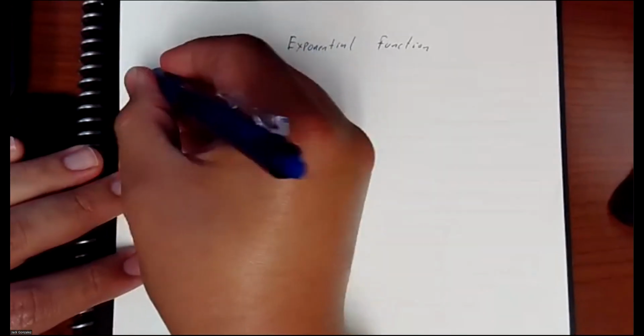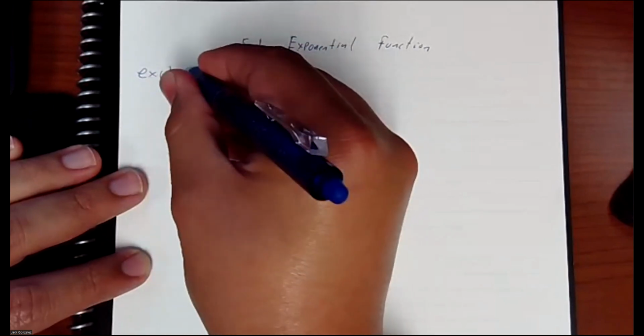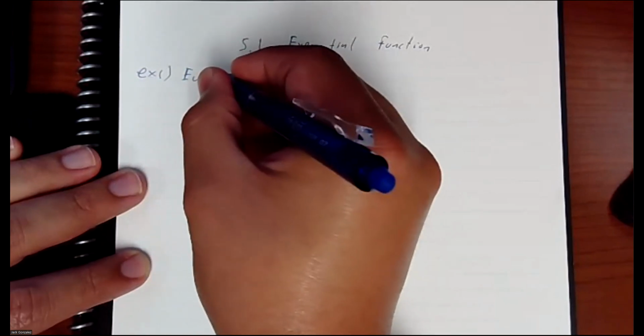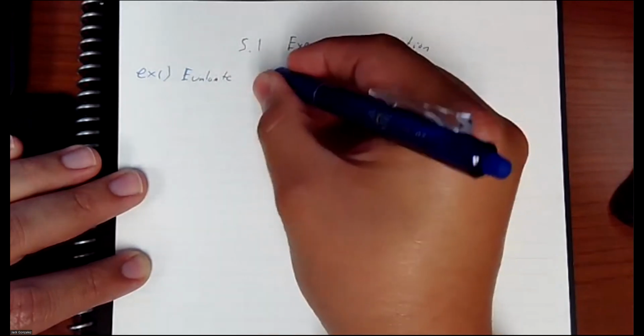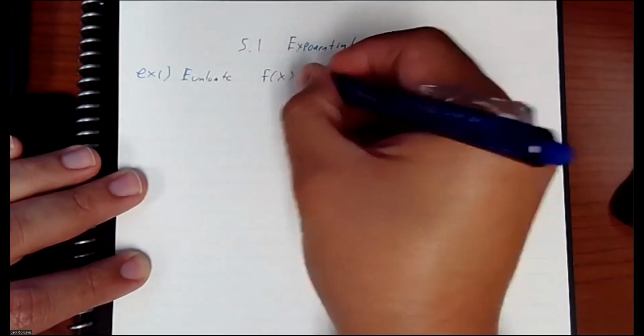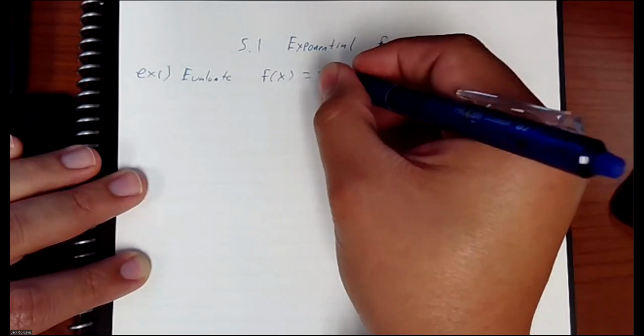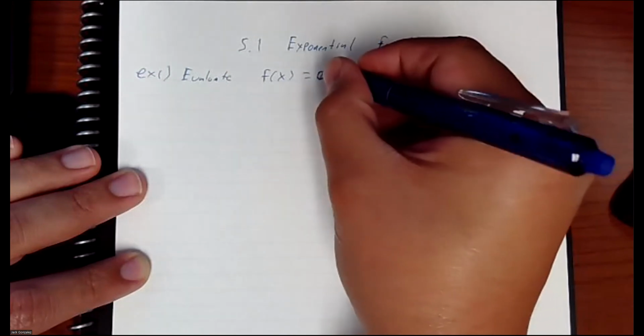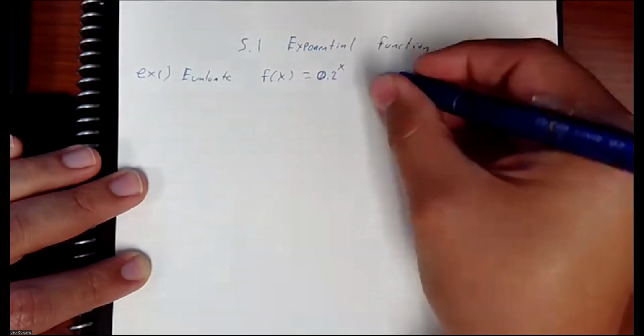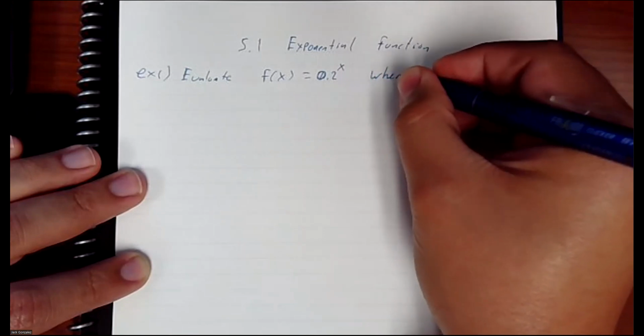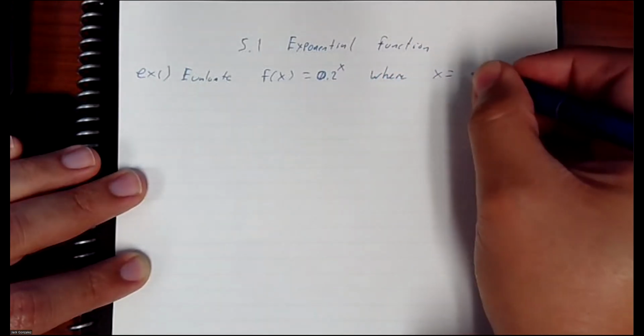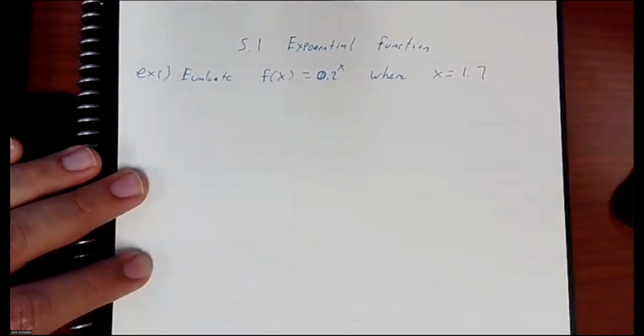So example 1 is evaluate the function. Shorten up the question, f of x equal to 2 to the 0.2 to the x, where x is equal to 1.7.